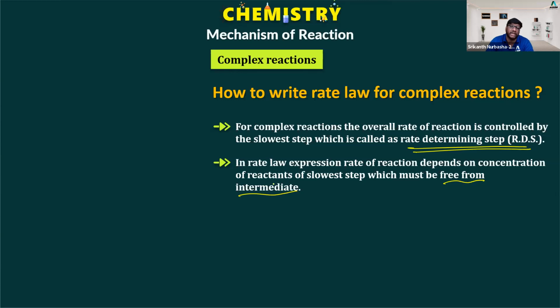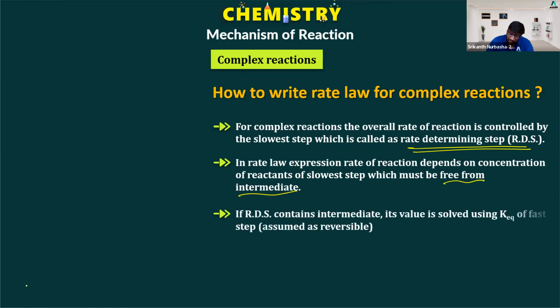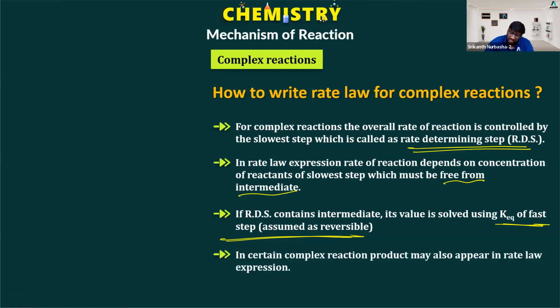If the intermediate is there in the slowest step, then its value is solved using K equilibrium of the fast step, assumed as reversible. The fast step, whatever it is, we have to assume as reversible, and from that we have to eliminate the concentration of the intermediate. So in certain complex reactions, product may also appear in the rate law expression.